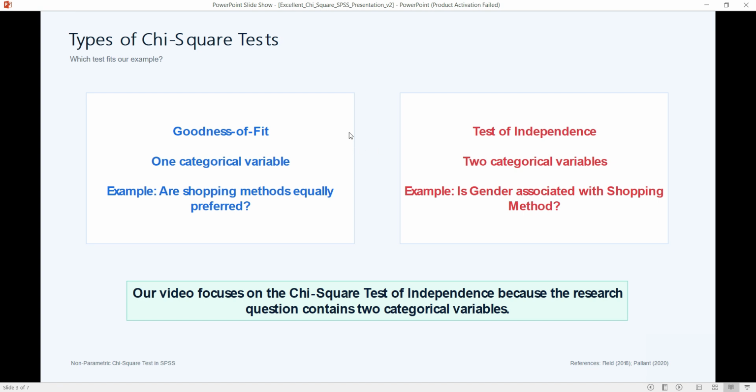If you want to see the goodness of fit test, you can see my video because I have already made a video on the chi-square goodness of fit test, so you can find it easily. In this video we are going to do the chi-square test of independence because we have two categorical variables and we are testing the research question: is gender associated with shopping method?